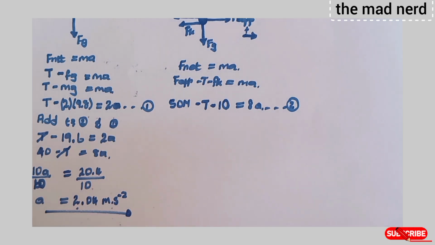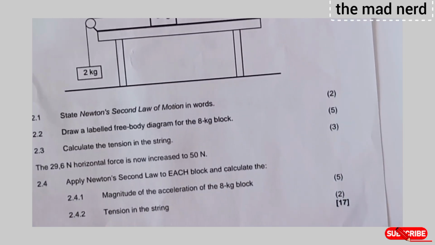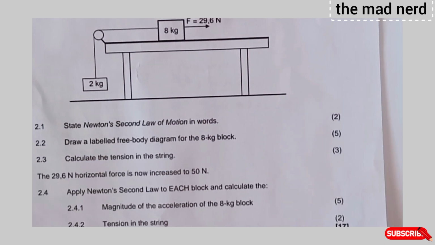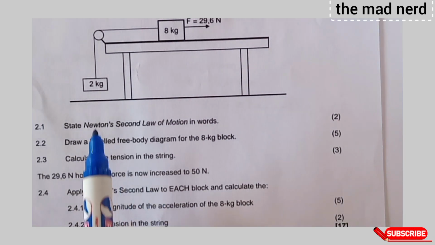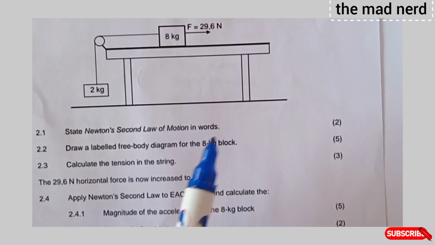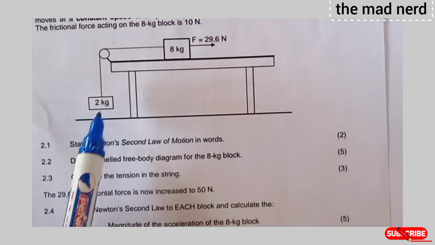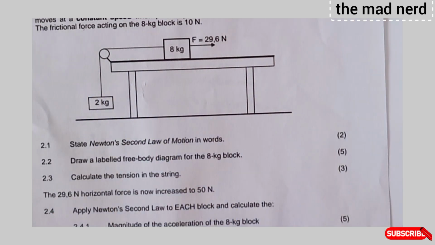Now let's look at the acceleration of the 8 kg block. Because we are talking about the system, if this one moves at an acceleration of 2.04 meters per second squared, it means that this one will also move at the same acceleration, because it is a system.